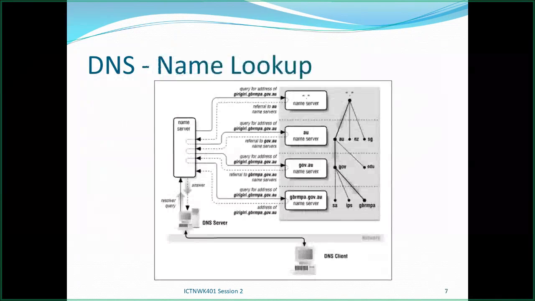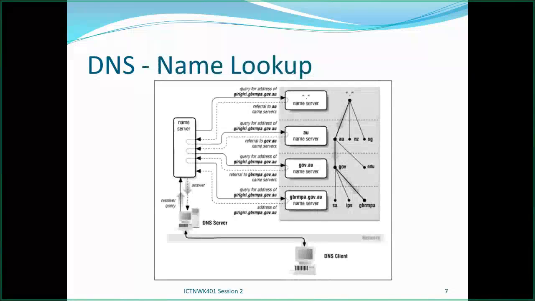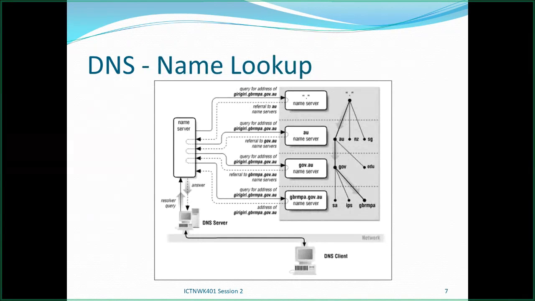So what does this lookup tree look like? As I said, when we connect from a client, we send a request to a server, and that server will go and request that it be resolved via the primary name server.